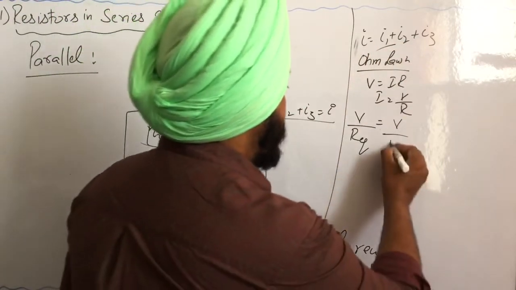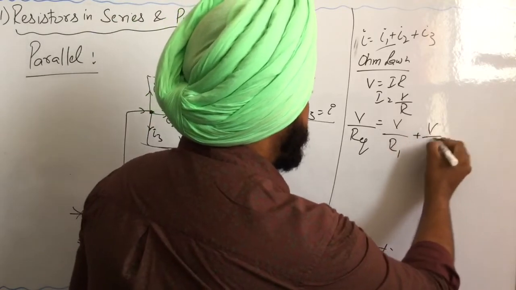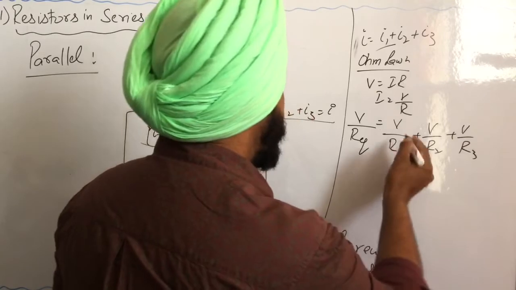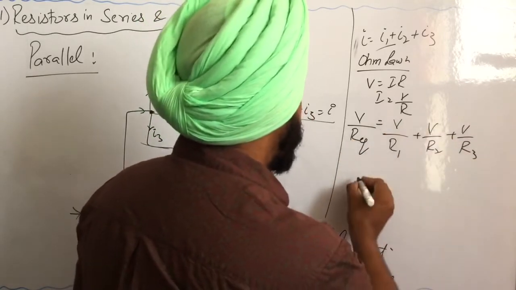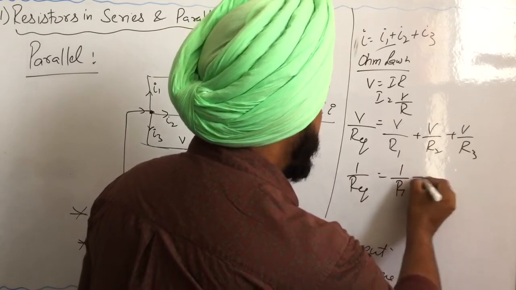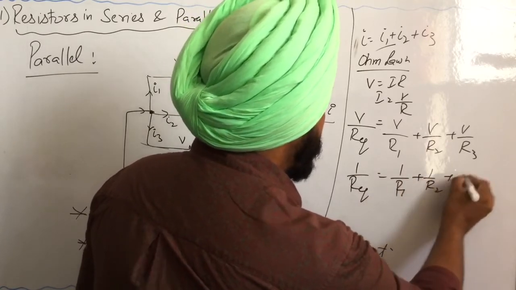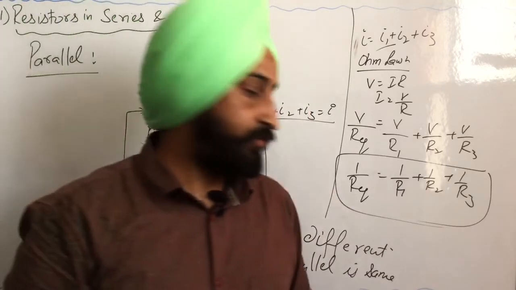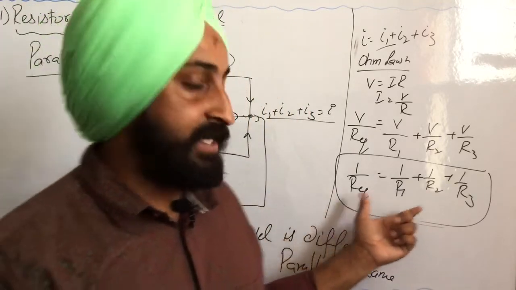So V by R1 plus V by R2 plus V by R3. From here, V and V will get cancelled out. We will be left with 1 over the equivalent resistance is equal to 1 by R1 plus 1 by R2 plus 1 by R3. In this way, we can derive the formula for equivalent resistance in case of parallel.